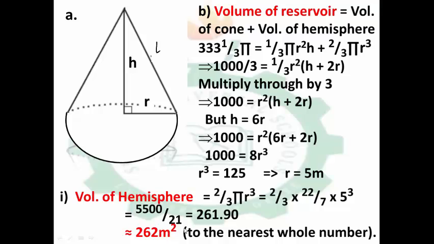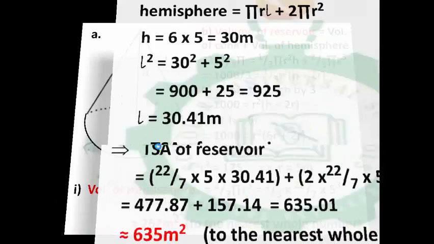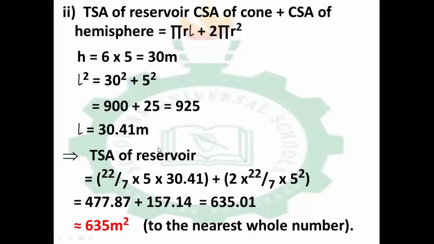Now remember that your h is 6r and your r is 5, which means your h is going to be 30 meters. Then from the diagram, your slant height L square, using Pythagoras theorem, will be equal to 30 square plus 5 square, that is 900 plus 25, which is 925. So L is going to be 30.41 meters.